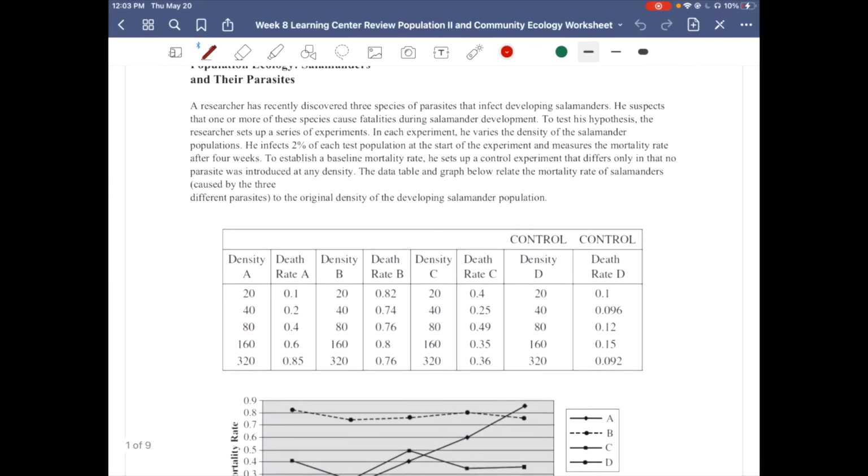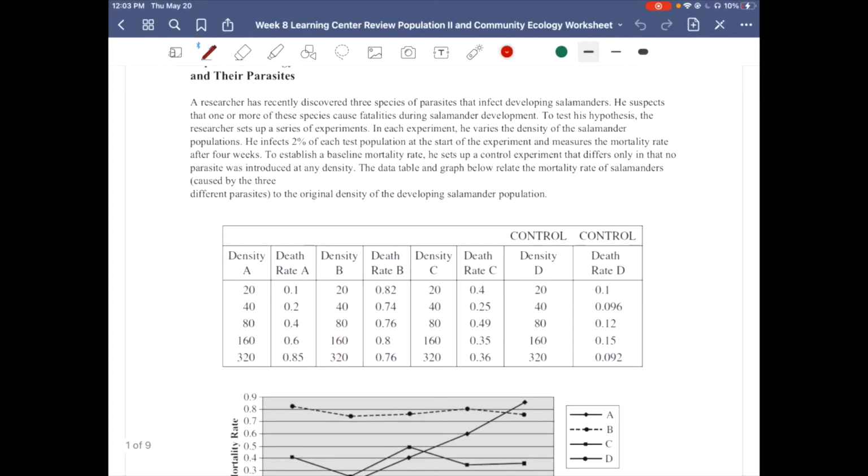All right, so let's look at the first study. Researchers have recently discovered 3 species of parasites that infect developing salamanders. He suspects that one or more of the species causes fatalities during development. To test the hypothesis, the researcher set up a series of experiments. In each experiment, he varies the density of the salamander population.